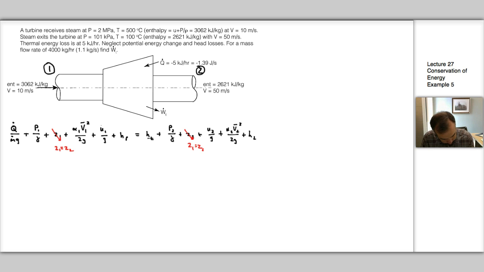So we can assume alpha is equal to 1. We're told that the temperature changes between the two, so U1 and U2 are going to be different, so we need to keep those terms. And there's no pump. Okay, there is a turbine. P2, we are given a pressure there, so that's going to be important. We know the temperature changes, so U2 is going to stay in there. Told nothing about alpha, and we are given a velocity, so we assume that alpha is 1. And we are told we can neglect head losses, so that term goes to 0. Okay, so that simplifies this a bit.